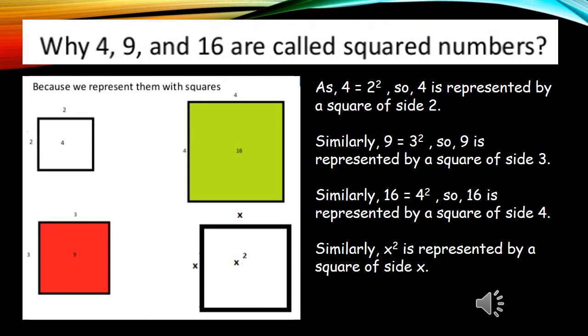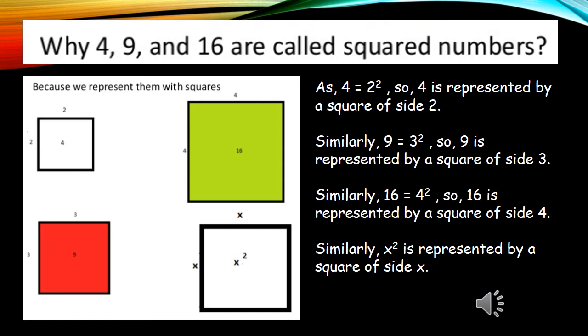In this slide, we will be correlating algebraic expressions with arithmetic and geometry. In mensuration, we have learned that the area of a square is represented by a square, where a is the length of each side.